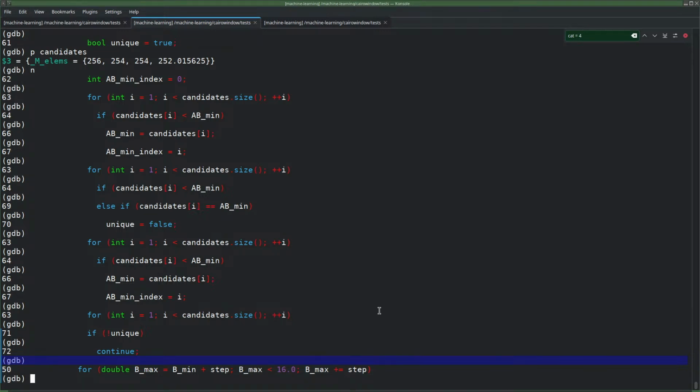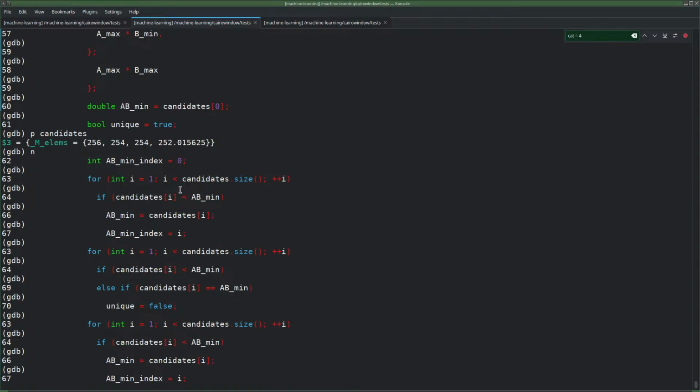No, A and B are doubles. I think this is not correct because I think we find one of the 254s.